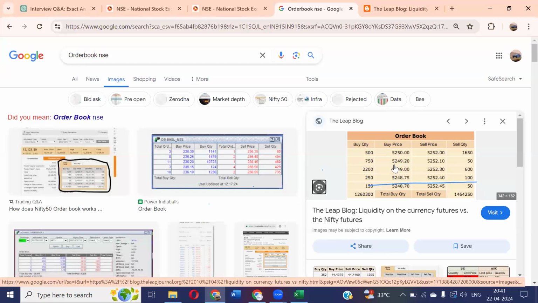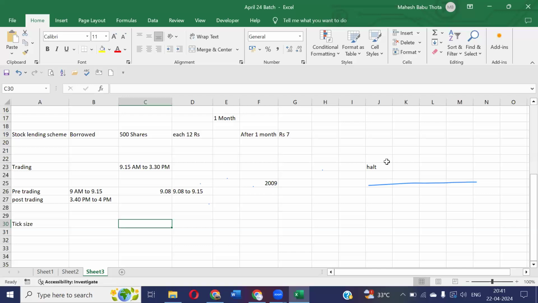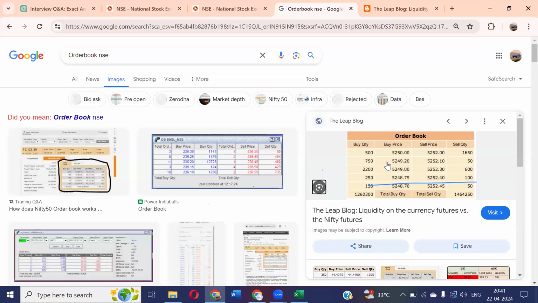Another trade is at buy 5249.20. What is the difference between these two orders? 80 paisa. 0.80 is the tick size here. It's nothing but the minimum difference between two orders, the lowest increment of price. For every bidding there will be a lowest increment, or it can be reducing also.